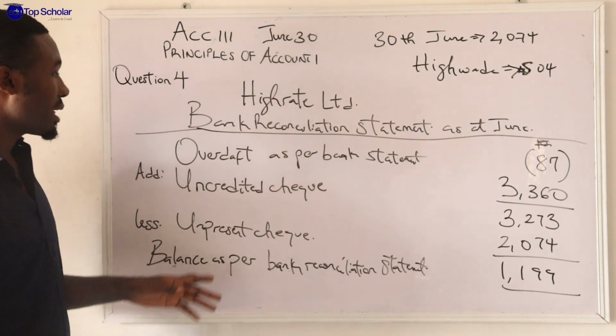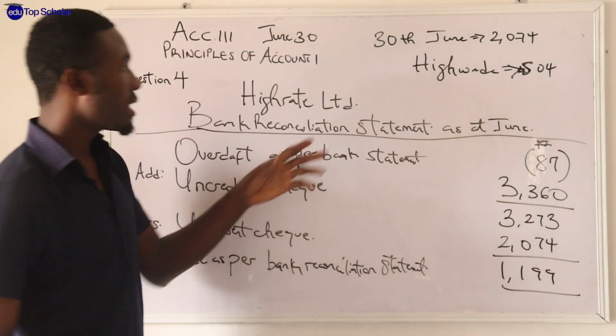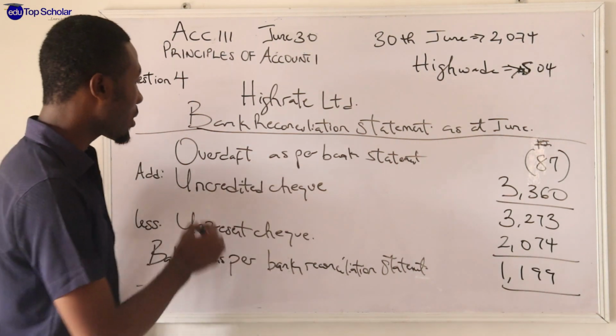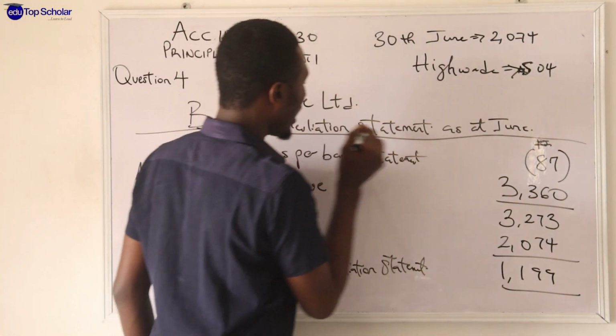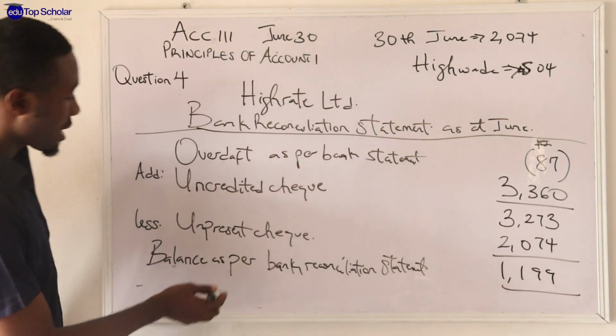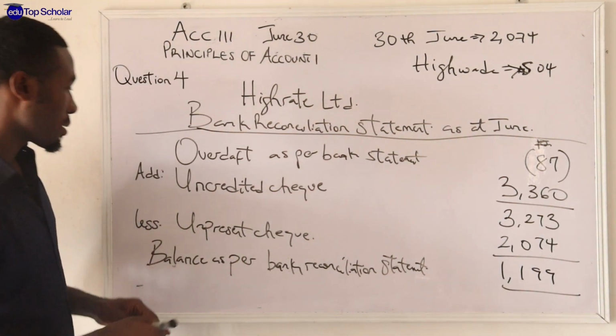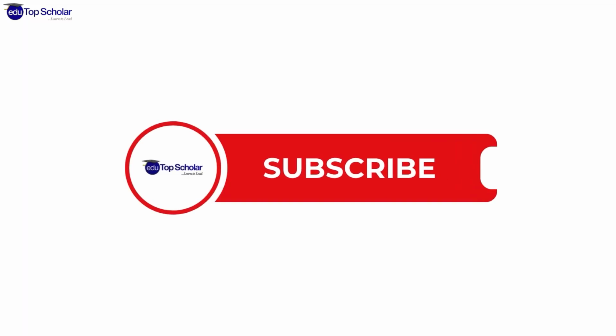This has a format already, and because you were given an overdraft, if you were not given an overdraft, you bring down your balance from the adjusted cash book as balance as per adjusted cash book. You add your uncredited checks and you deduct your unpresented check.